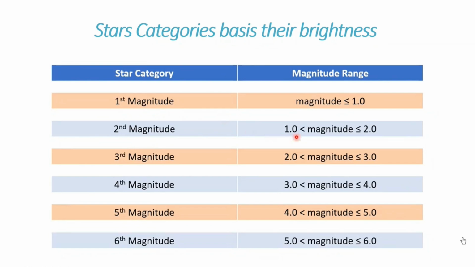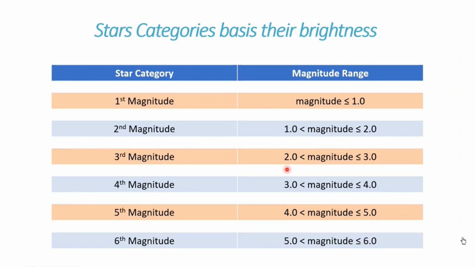Now, stars having magnitude greater than 1.0 and less than equal to 2.0 are called as second magnitude stars. In case you are not able to find a suitable first magnitude star for the purpose of sight taking, you can also choose and pick up a second magnitude star. They are also bright enough to be used conveniently for the observation.